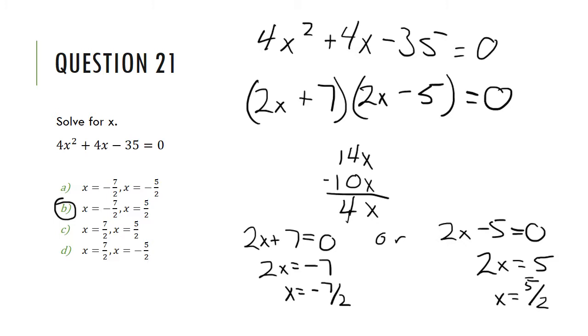So if you remember the little trick I showed you earlier, it's kind of using that FOIL method, but just really looking at O and I. We're looking at how do we find that middle term, because the signs here are still eluding us. And we see that the negative 35 tells us that the signs of the binomials would have to be different, but this positive 4x is kind of throwing us off a little bit. So we're like, where does the sign go?